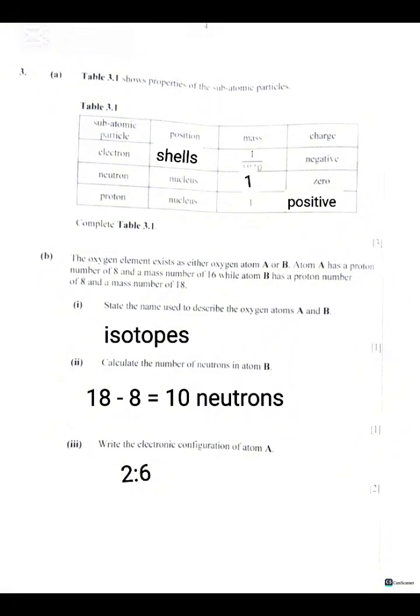So when we are writing the electronic configuration, the first shell is going to be completed with 2 electrons, and then the second shell is going to have 6, so that if we say 2 plus 6, we are going to get a total of 8 electrons. So the electronic configuration of atom A is 2, 6. And then we need now to proceed to number 4.